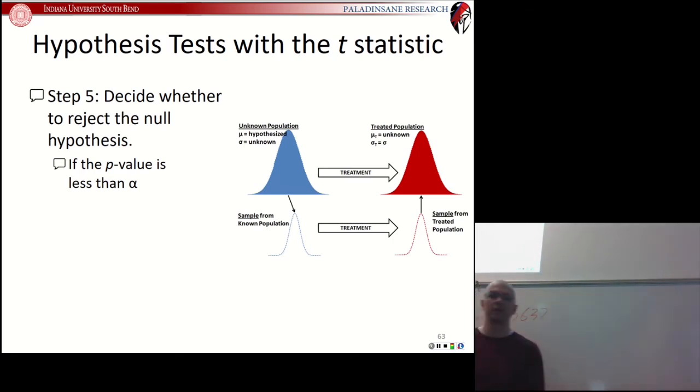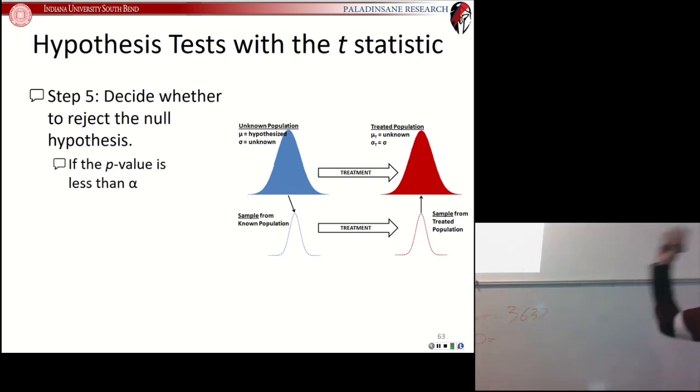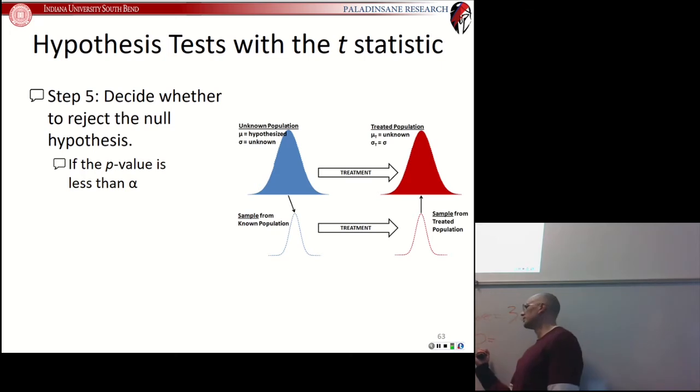And our p-value is going to be compared to our alpha that was given to us in the question. If the p-value is less than our alpha, we are going to accept the research hypothesis and reject the null hypothesis.